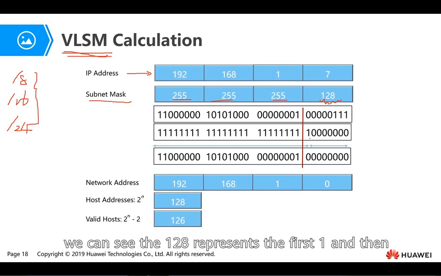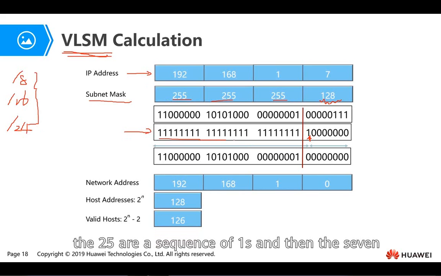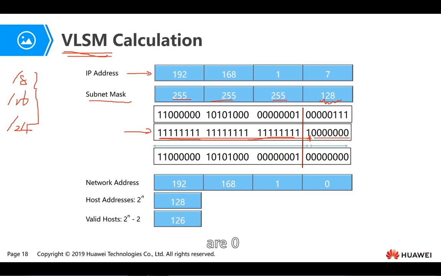We can see 128 represents the first bit as one and the other 7 bits as 0. So in this mask, the 25 bits are a sequence of ones, and then 7 bits are 0.